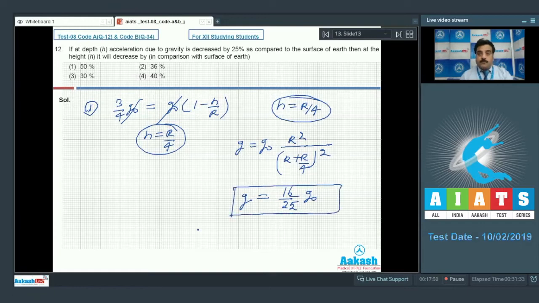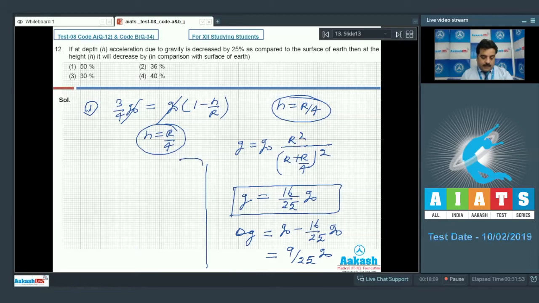But I am looking to find the change. So delta g means g naught minus 16 upon 25 g naught. When you calculate, you will get 9 upon 25 g naught. But I am looking to find the change in percentage. So we write delta g upon g into 100 for percentage.